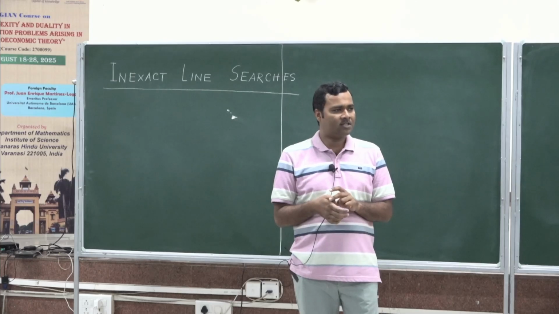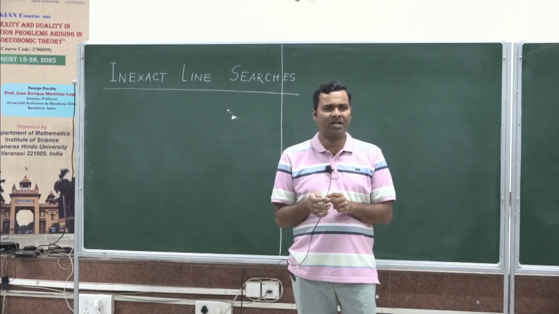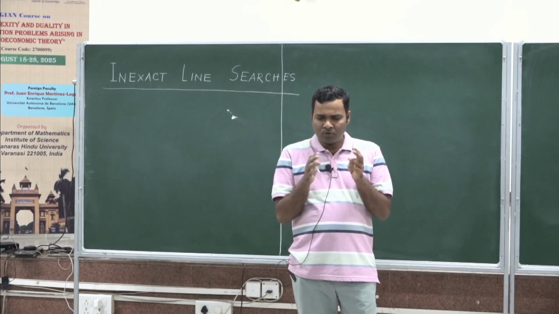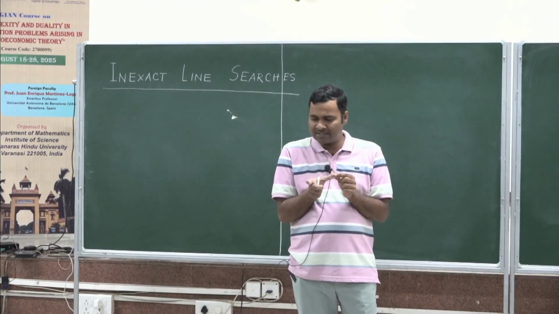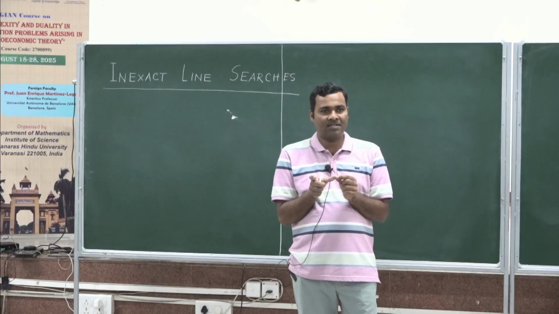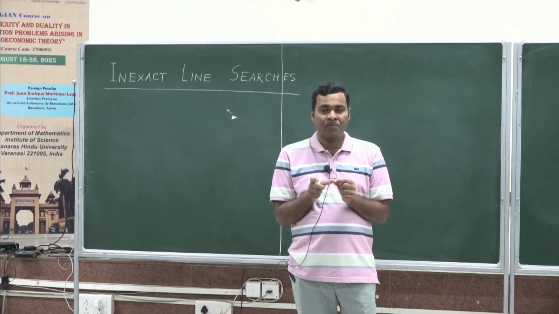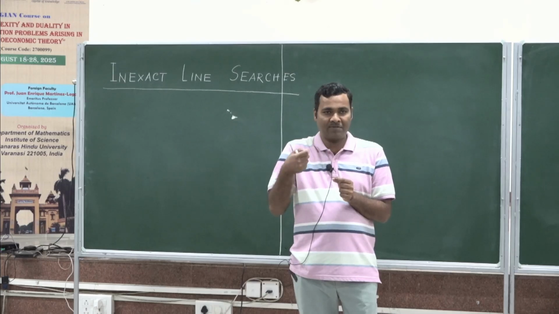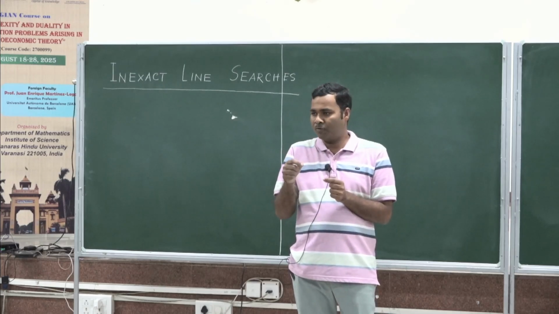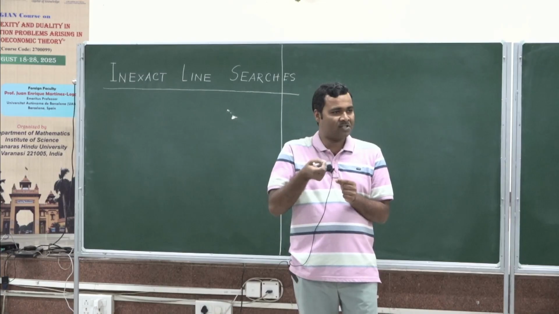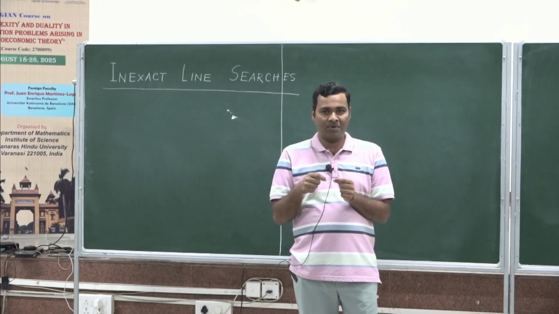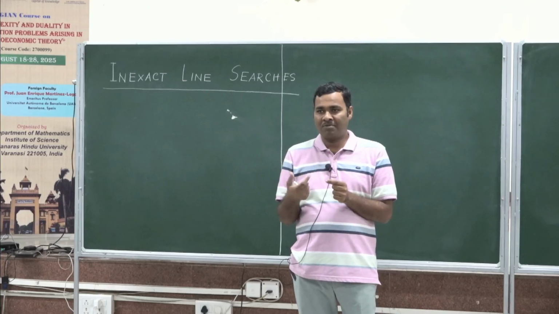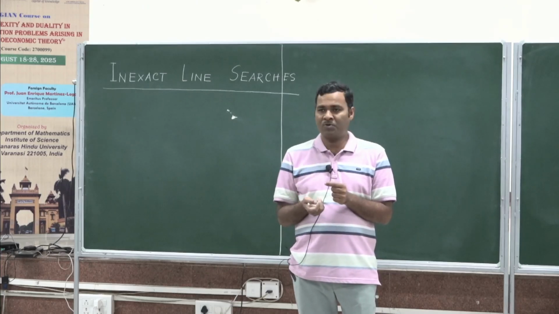However, we are not much bothered about the exact step, because exact step is not cost effective. When we go for optimizing a function, if we go for exact line search, then optimization inside wants more optimization, and therefore obviously the computational cost will be heavier.